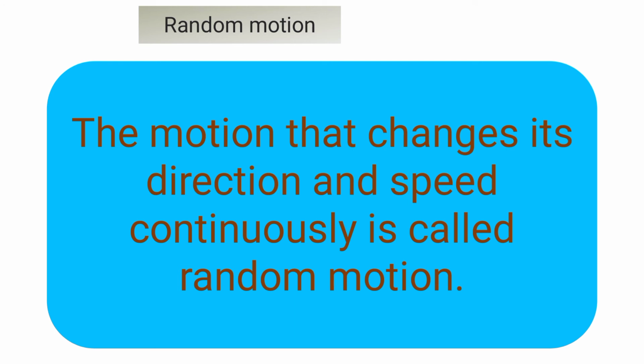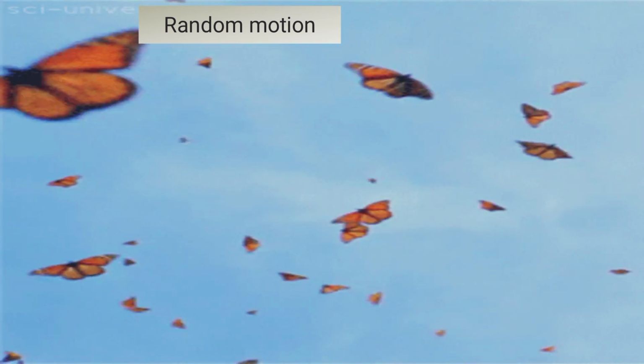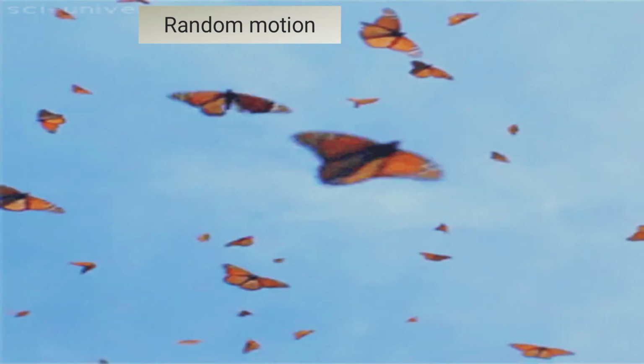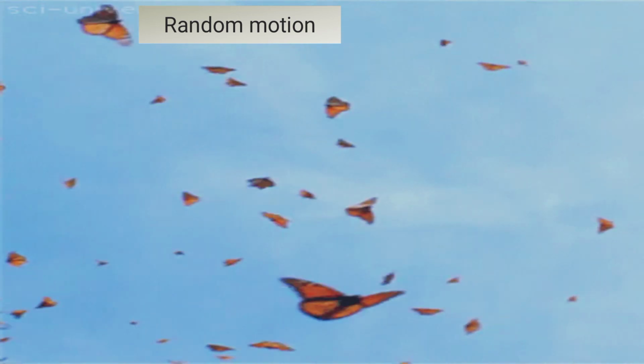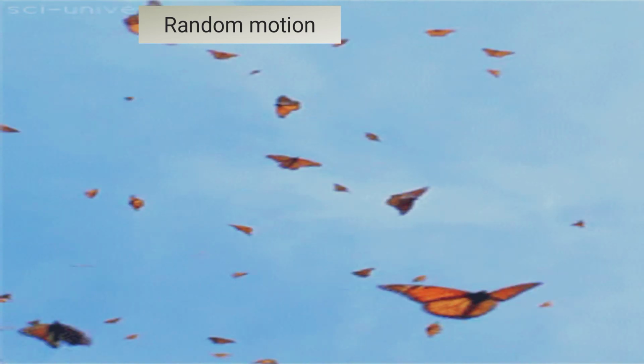The motion that changes its direction and speed continuously is called random motion. It means if the motion changes its direction anytime, anywhere, continuously changing its position or direction or speed, it is known as random motion. The motion of a butterfly is another good example of random motion.